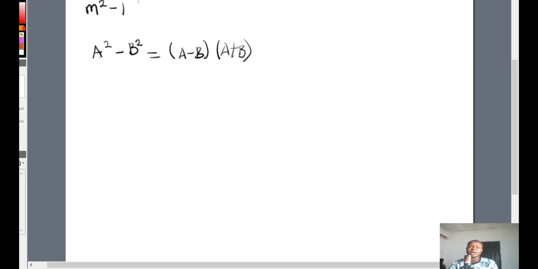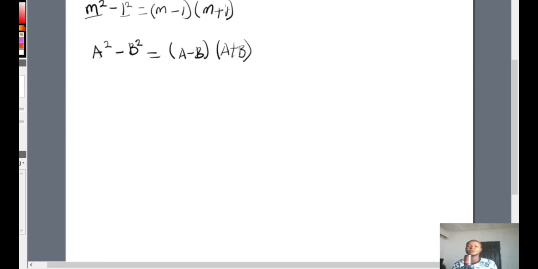So here we are going to have the same form, which means that this side is a square form, and this side obviously can be squared, because 1 squared is the same thing as 1. So here we are going to have m minus 1 and m plus 1, which makes the work very easy.